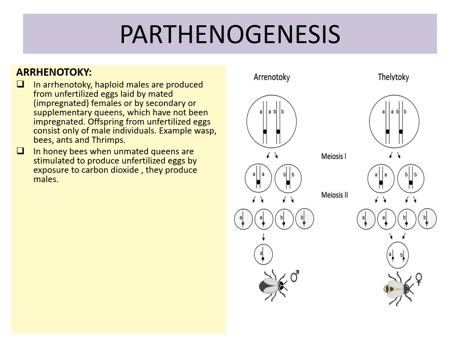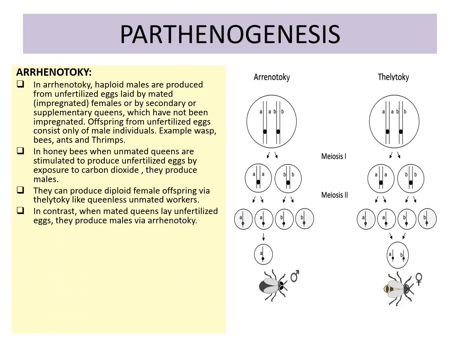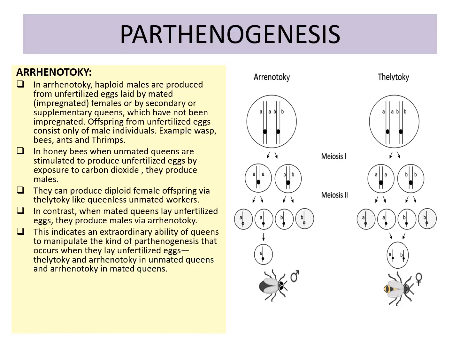In honeybees, when unmated queens are stimulated to produce unfertilized eggs by exposure to carbon dioxide, they produce only males. They can produce diploid female offspring via thelytoky, like queenless unmated workers. In contrast, when mated queens lay unfertilized eggs, they produce males by arrhenotoky.